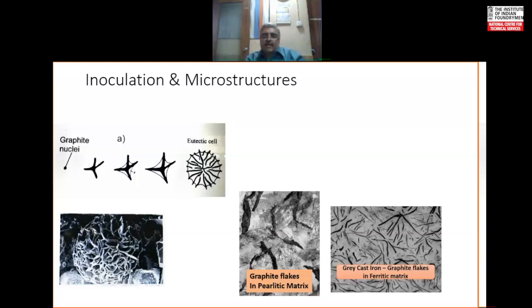Now, in gray cast irons of the right composition, adequate level of nucleation and slow cooling, graphite flakes in a ferritic matrix will happen, while graphite flakes in a pearlitic matrix will happen when the nucleation levels, the chemistry and the cooling rates are slightly faster, with alloying elements and overall lower carbon equivalent.